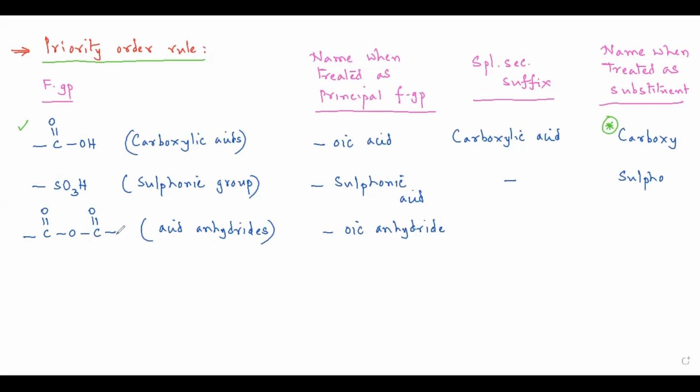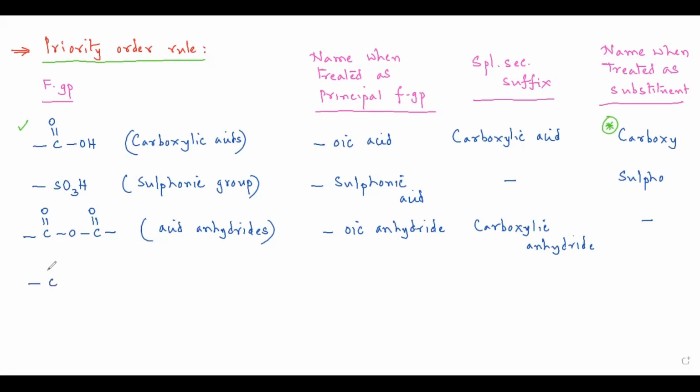Oic anhydride. And when you go for special, you call it carboxylic anhydride. No substituent name for this because it cannot be written there.